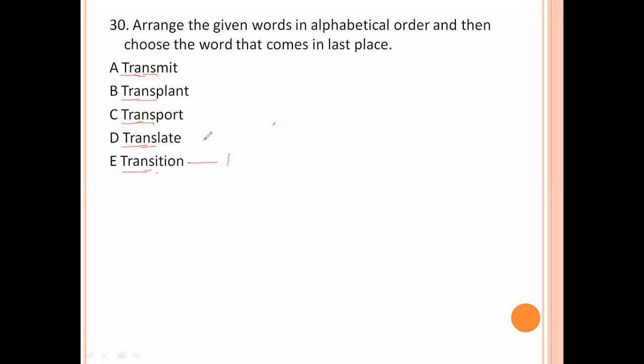I, J, K, L, this is the second position. L, M, N, O, M is the third position. N, O, P, here P is there. This is the fourth position, this is the fifth position. Now the question is which comes last. So option number C comes last.